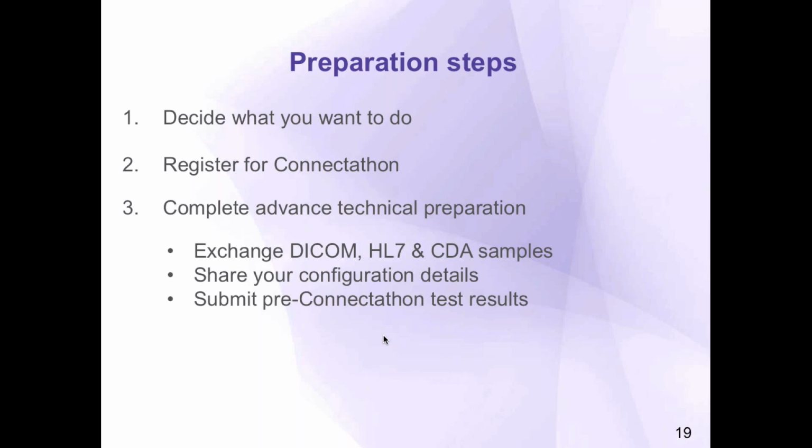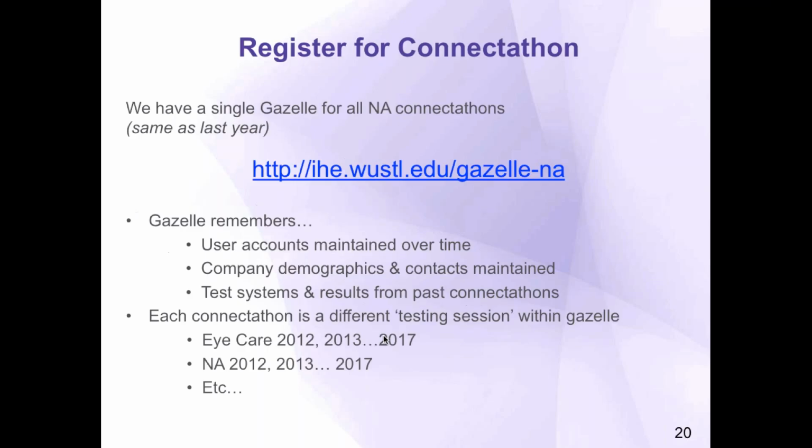And then between now and the end of October, you will complete technical preparation that essentially gets you ready so that you're not just testing cold when you arrive at the Connectathon location in October. So we have a few pre-Connectathon technical tasks that we ask you to perform. Let's talk first about registration. Again, I'm going to show you Gazelle.